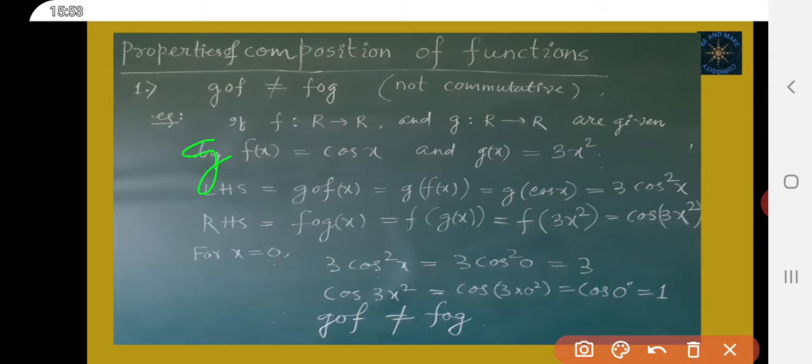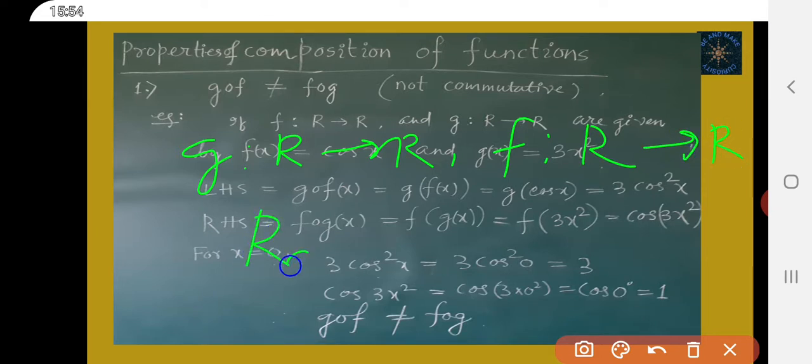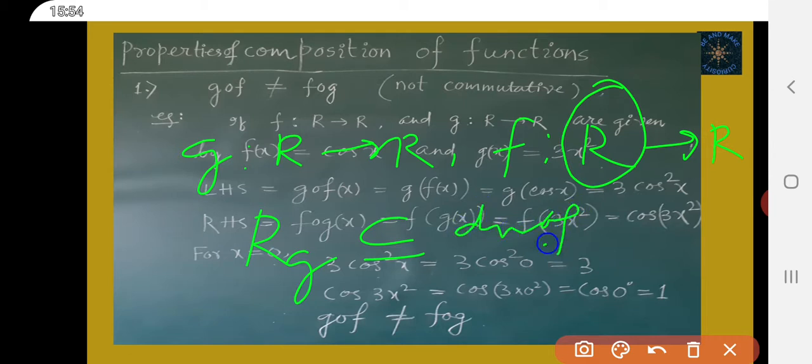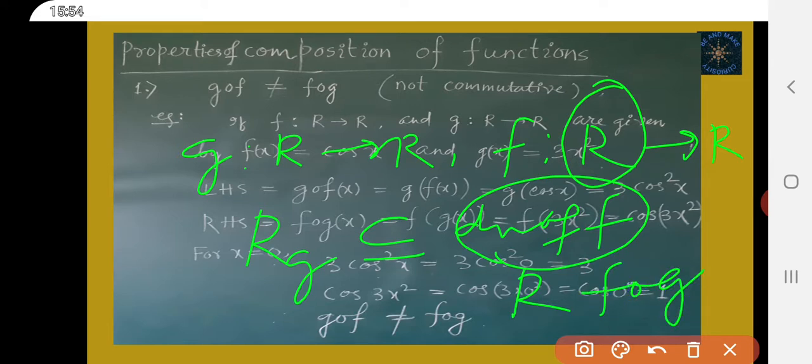If g is mapping from R to R and f is mapping from R to R, here the range of g is a subset of or equal to the domain of function f, that is R. So you can have fog, the composition of g and f.